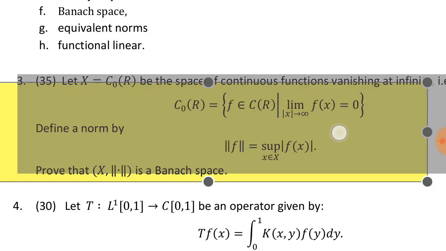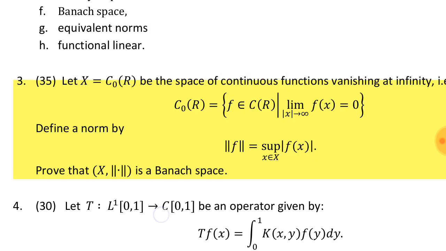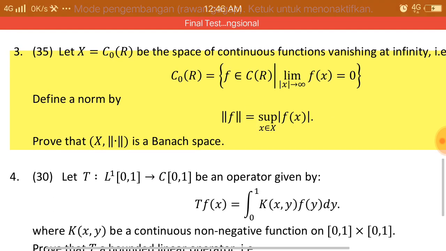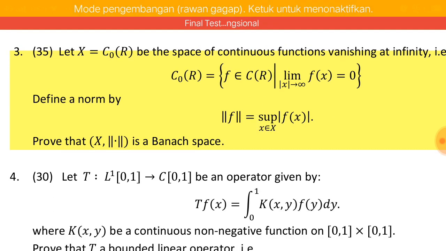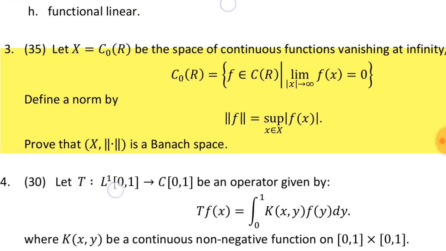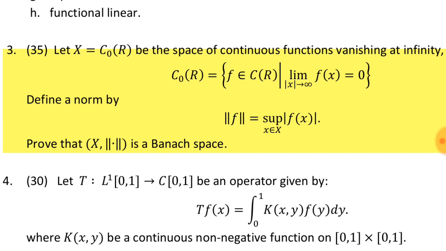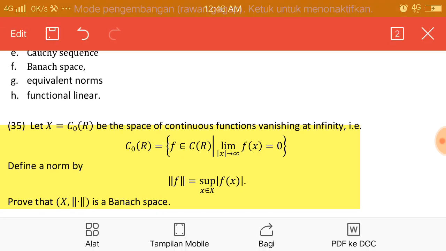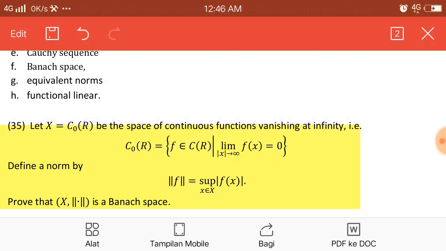Define the norm by norm f equals the supremum of the absolute value of f of x, x an element of R. The question wants us to prove that X with the defined norm is a Banach space. So that is the question. Now let's jump into the solution.